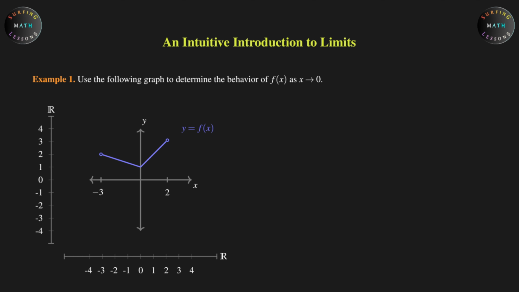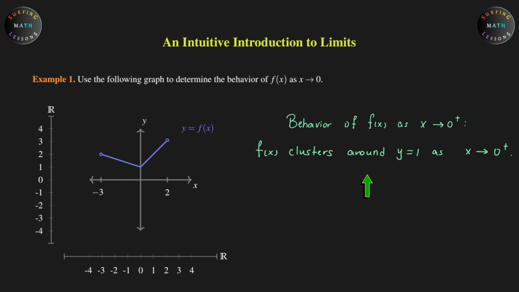So say we want to determine the behavior of f of x as x approaches 0 from the right of 0. Then, as x moves in the open interval (0, 2) towards 0, the function ranges from values in the open interval (1, 3) towards the point y equal to 1.